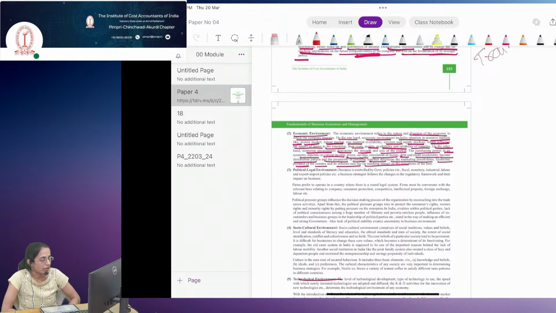If labor is not available, it will be difficult for me. Do I have raw material available? Do I have the other factors necessary for the production of my product? If these are not available, it will be difficult for me to operate. So before starting a business, I have to do an economic environment check of that particular locality or country.